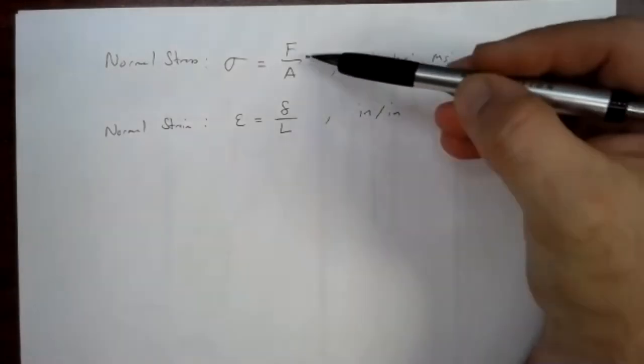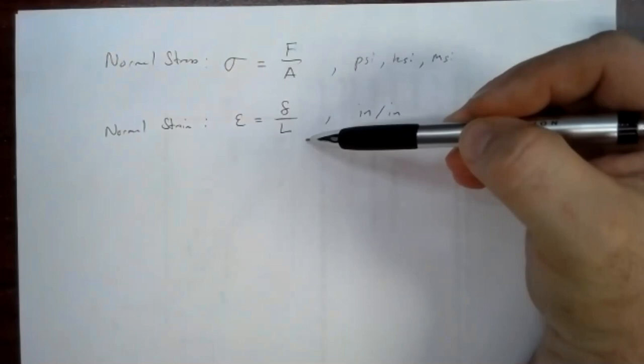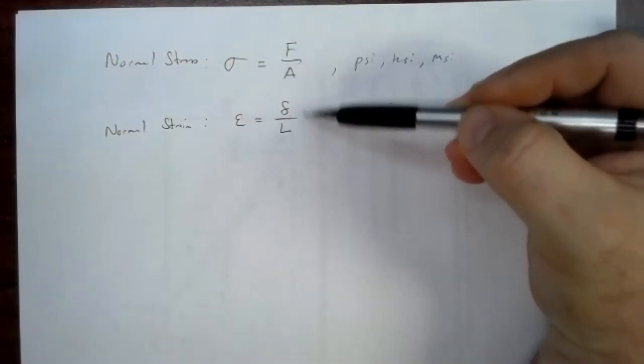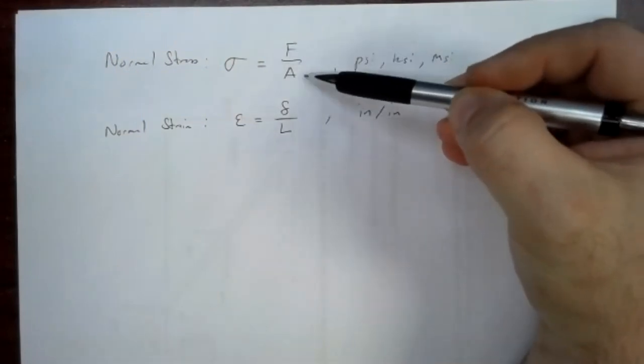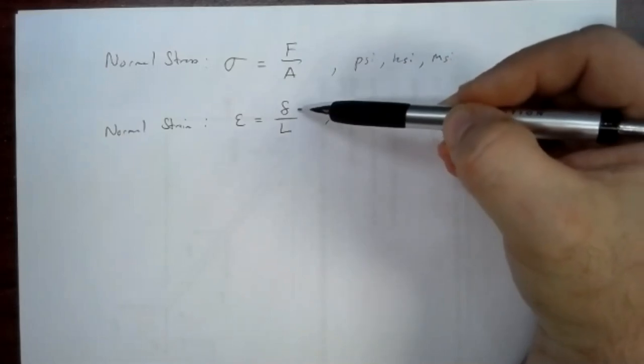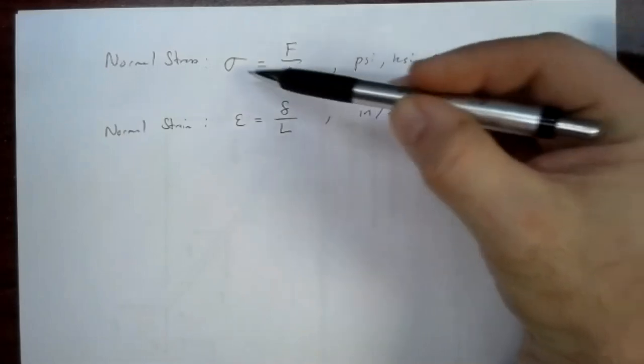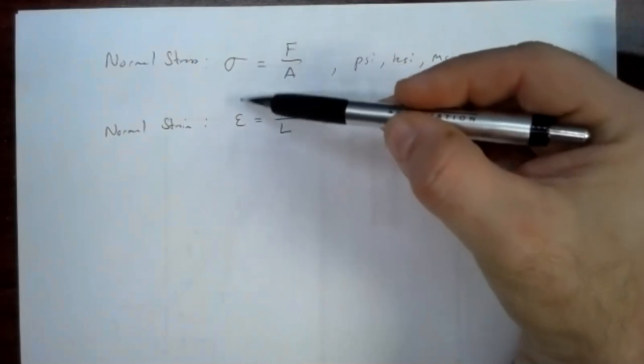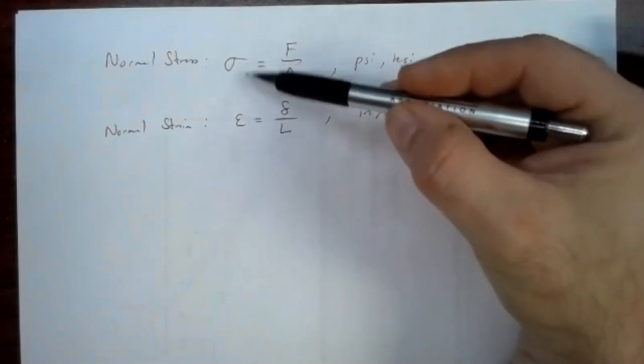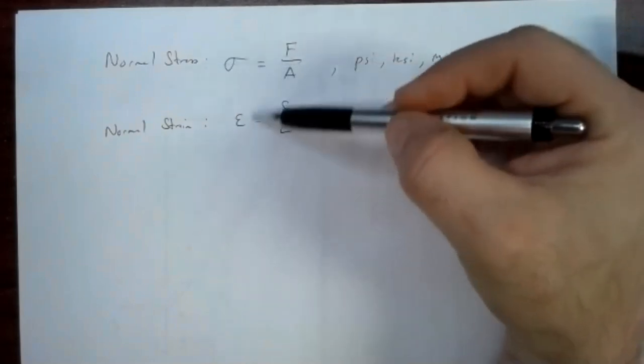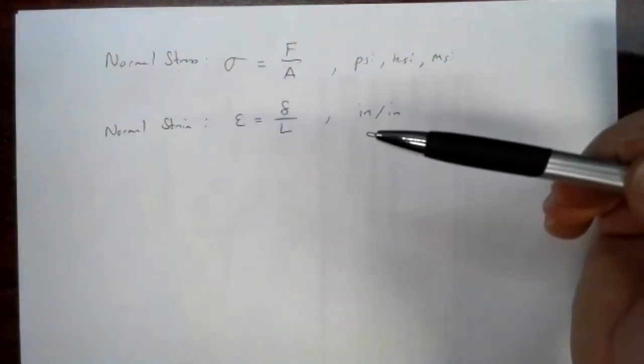Now, typically, we can measure the external values here. We can measure forces, we can measure areas, we can measure elongation, we can measure the length. The stress and the strain, sigma and epsilon, those are the material properties. And those are what are related in things like references.